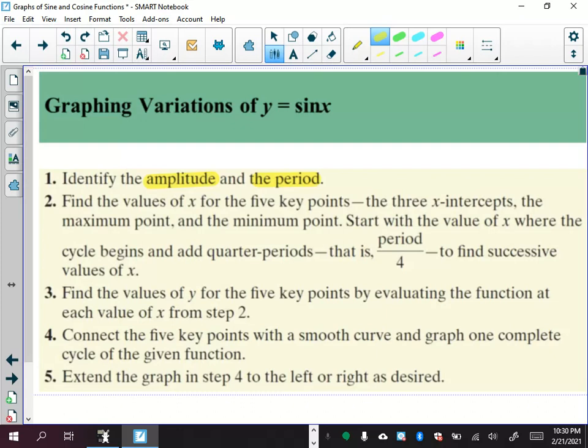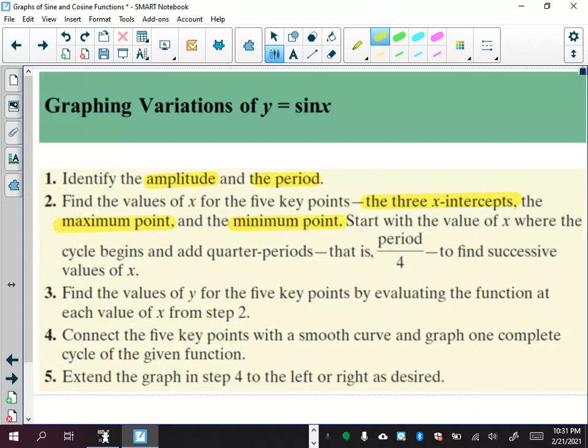Once you do that, there are going to be 5 key points. This is where it gets a little different, because with your cosine, the difference is the x-intercepts. The cosine only has 2, whereas your sine actually has 3. So with your sine function, you're going to find 3 x-intercepts, a max point, and your minimum point.